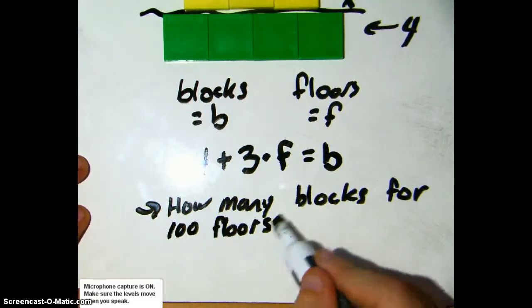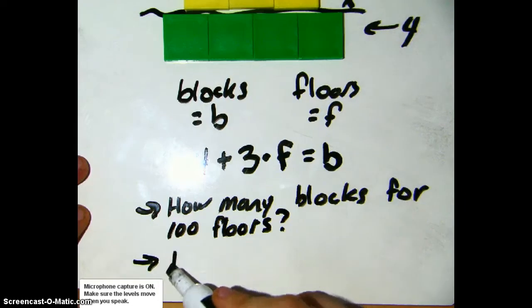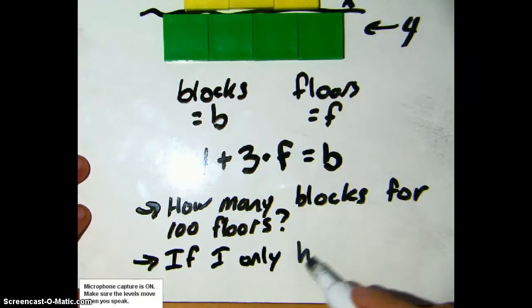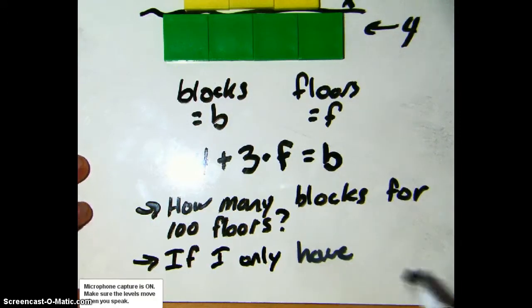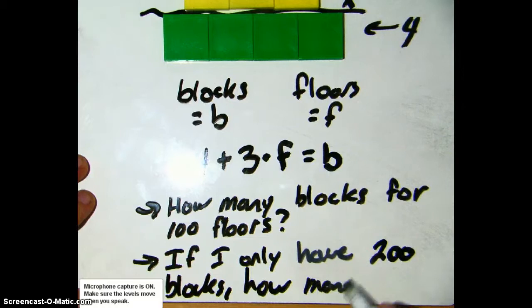We're making a big skyscraper here. And the other one is, I actually don't have that many blocks. If I only have, let's say I only have 200 blocks, how many floors? How many floors can I get?